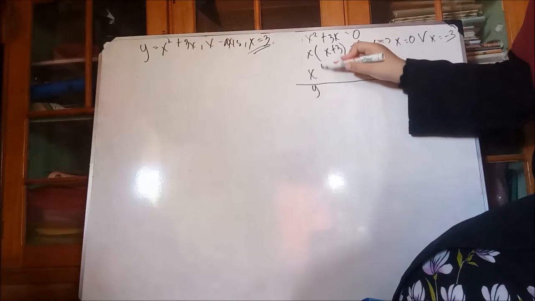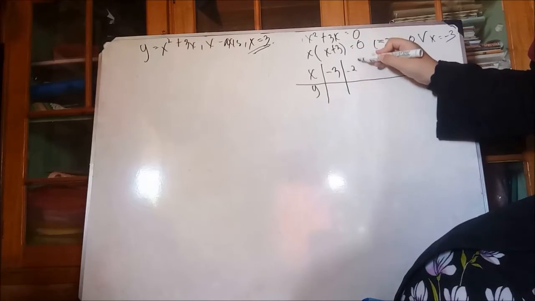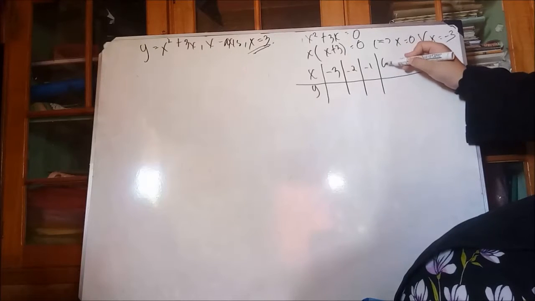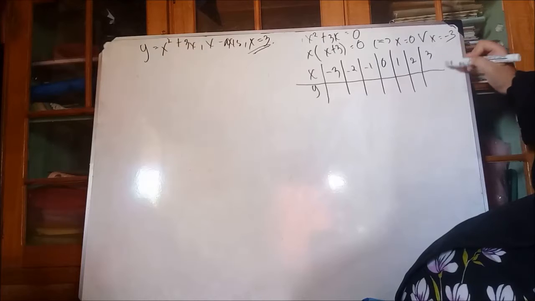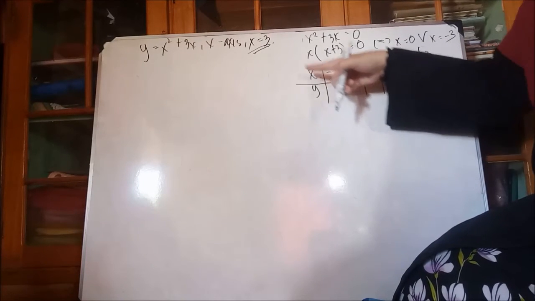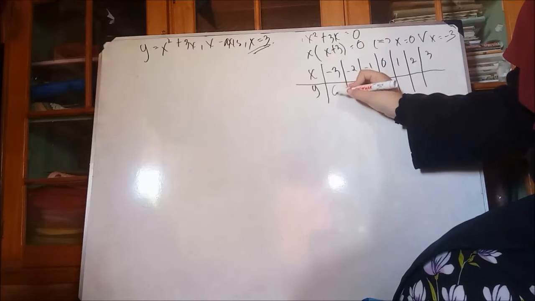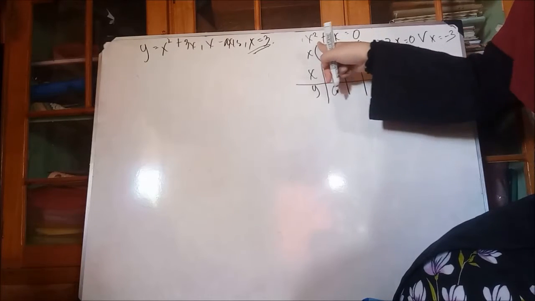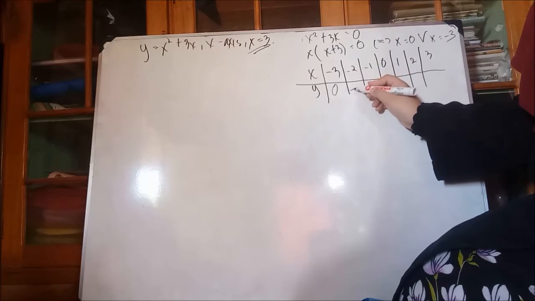Here, for example, we take values from negative 3, negative 2, negative 1, 0, 1, 2, and 3. If we have negative 3, we get 9 minus 9, so this is 0. For negative 2, we have 4 minus 6, so we have negative 2.